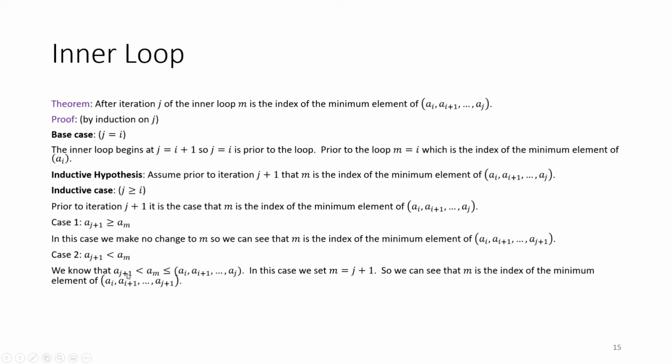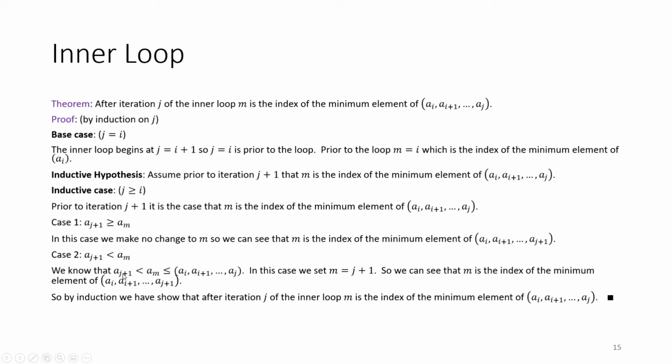Since a j plus 1 is less than a m, and a m was the minimum so far, so we know it's less than or equal to all these elements, we now know that a j plus 1 is less than or equal to all of these elements, and therefore it must be the minimum element of these elements, but also including itself. That's the expanded set we were looking for. That's the same set we got to here. So we are now done.